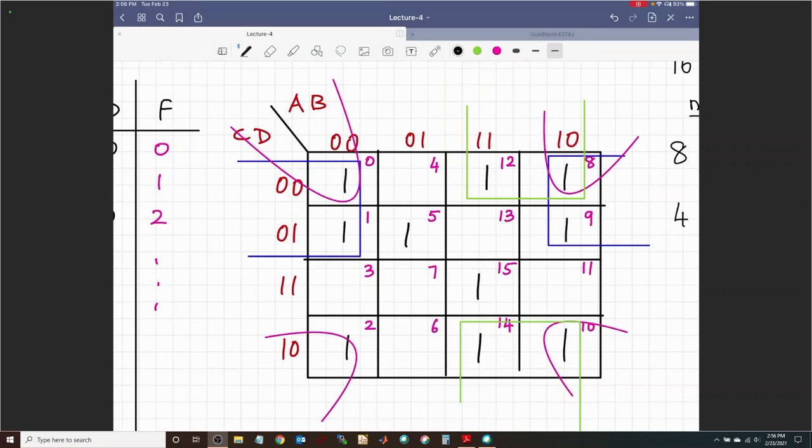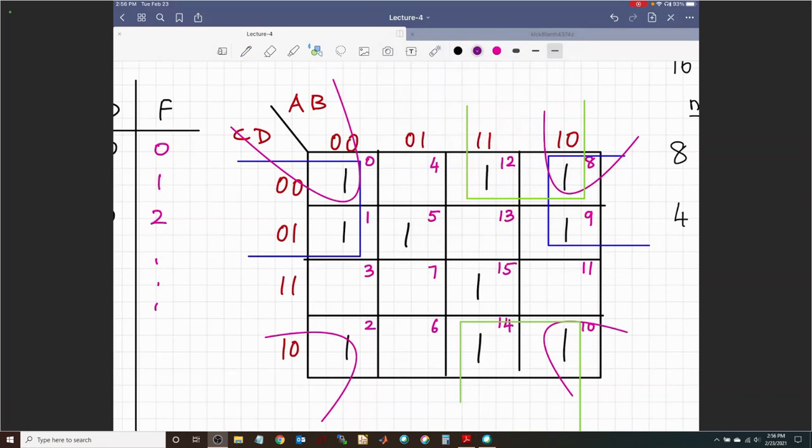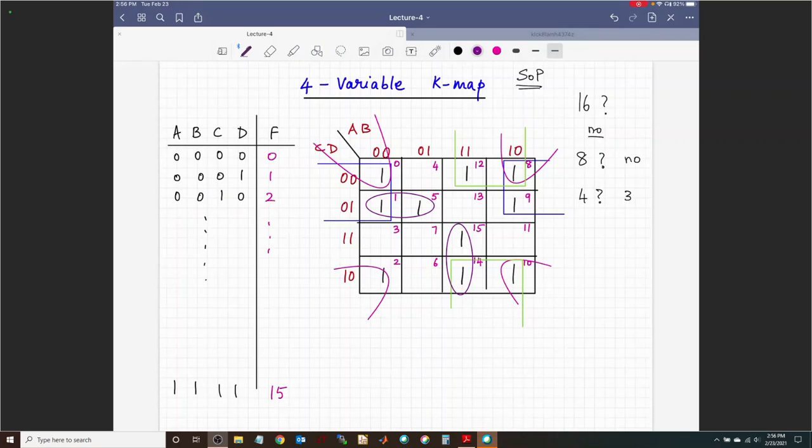Not going to be the case in general, but in this case it does. Let me use purple for that. All right, so I've got one group there and the other group there. Wonderful. So I've got those two as well. Right, so let's see. And then I have 2, and then we listed 2 of them.